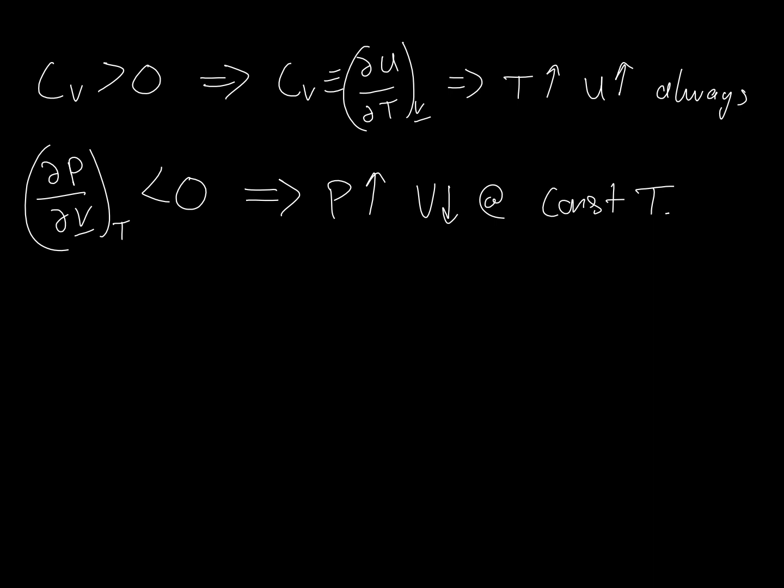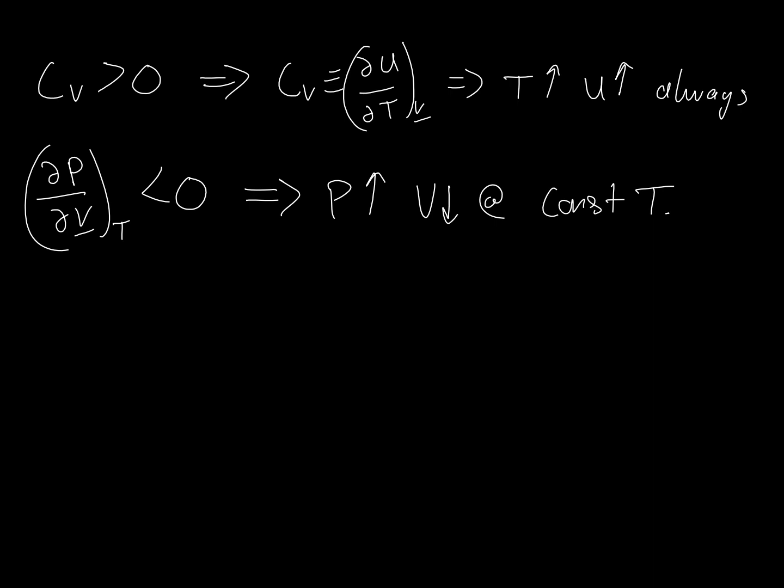As the pressure goes up, the volume must go down. It doesn't matter if we're talking about a solid, liquid, gas. We've made no assumptions at any point in this class so far. So why this becomes so important is when we talk about phase changes using equations of state.